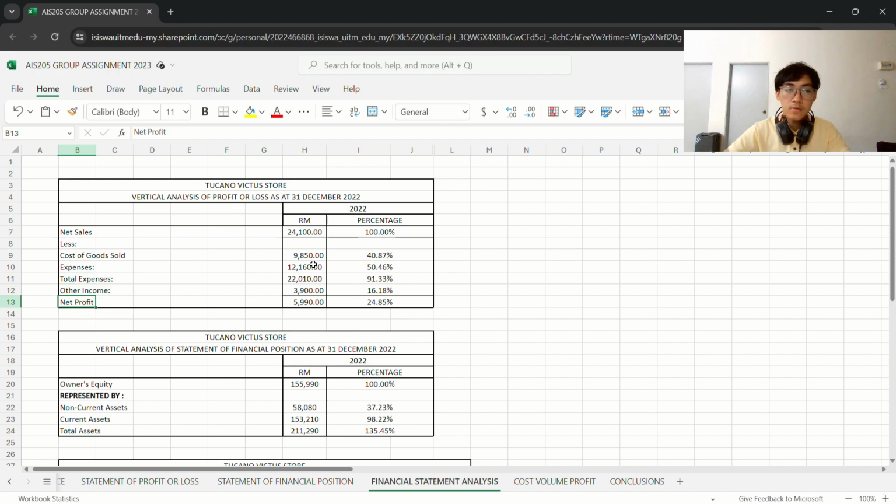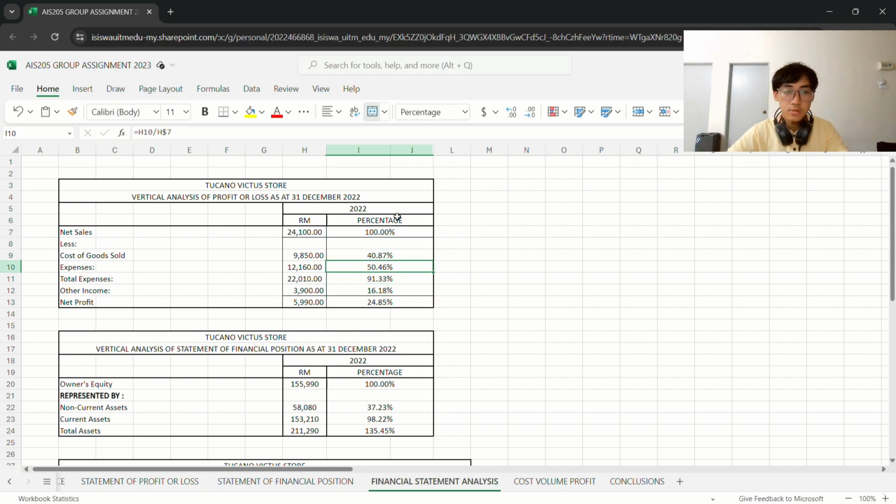We write equals and then go to the statement of profit or loss and then find the item there and then we click enter. The amount will automatically appear in the cell for you. And for the percentage, we just copy the net sales percentage formula and then we paste to the other cells.